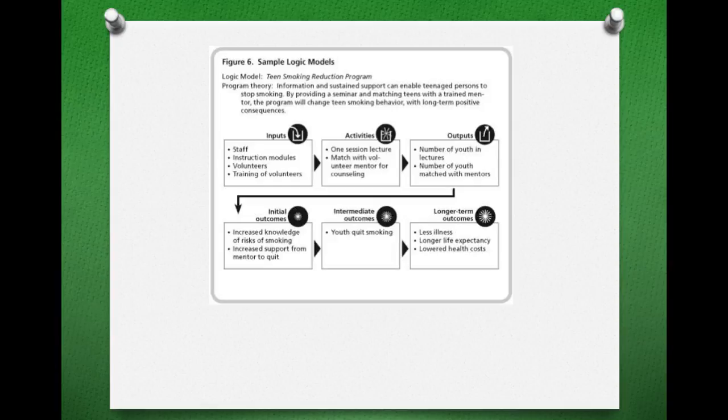What we expect, initial outcomes, is increased knowledge of risks of smoking. We also expect increased support from the mentor for the teen to quit smoking. Intermediate outcomes is that the youth quit smoking, and then the long-term outcomes or impacts, less illness, longer life expectancy, lowered health costs.